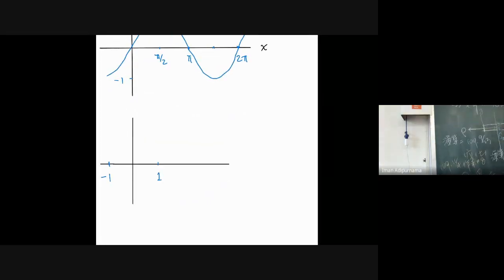Now, if you want to make this, for example, this is the x-axis, this is y. Let's say we switch the x and y to switch our domain and range. So this will be the value. Let's say this is 1 and this is -1 here. And our y-axis becomes the angle.